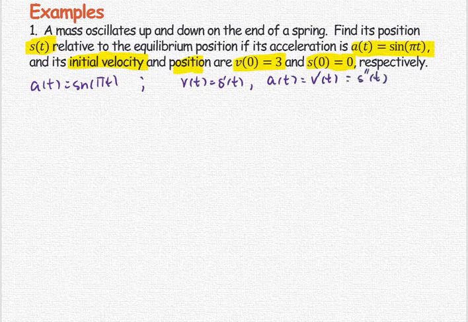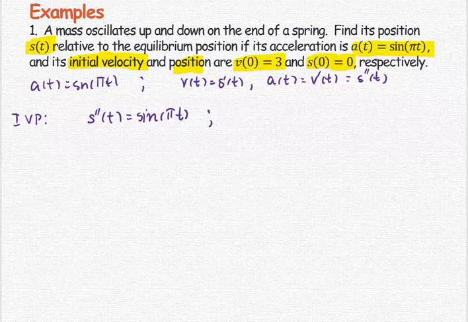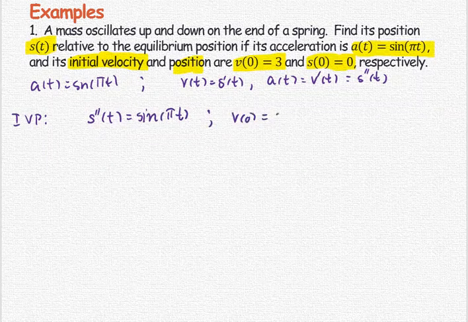So we can rewrite this as the initial value problem for the differential equation s''(t) = sine of pi t, with initial velocity v(0) = 3 and s(0) = 0, where v(0) is the same as s'(0).